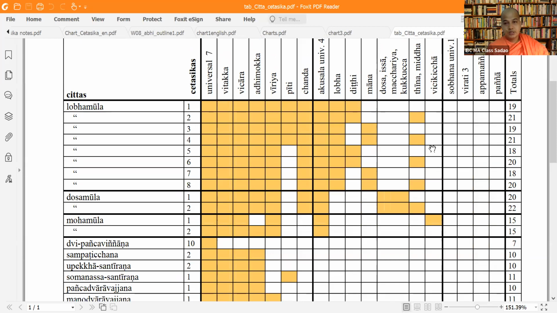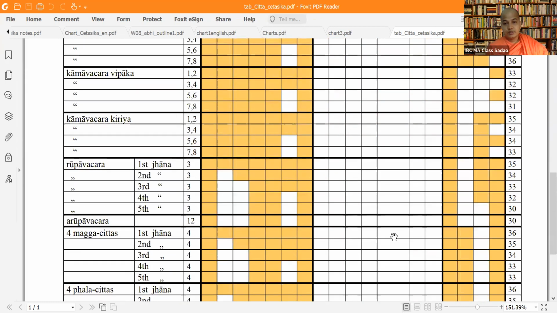So these are the Akusala Chaitasikas, and you would find that they appear only in Akusala Chittas. So there are 12 altogether up to here, right?